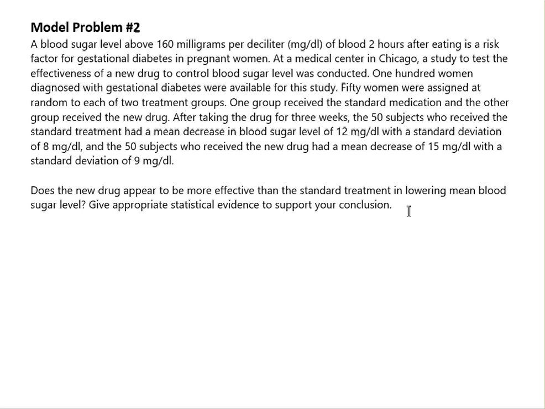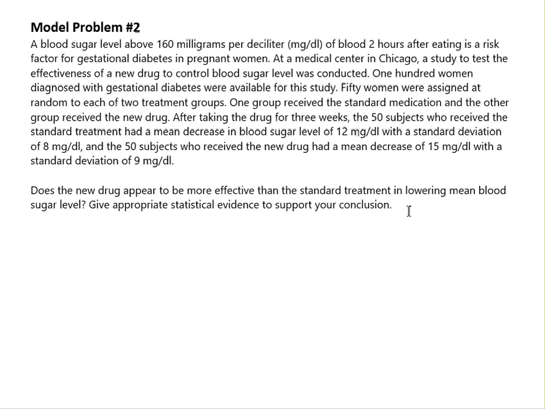At a medical center in Chicago, a study to test the effectiveness of a new drug to control blood sugar level was conducted. 100 women diagnosed with gestational diabetes were available for the study. 50 women were assigned at random to each of 2 treatment groups. One group received the standard medication and the other received the new drug.